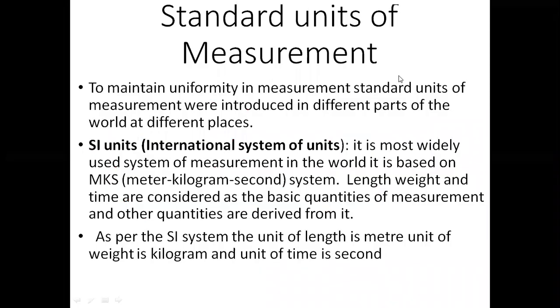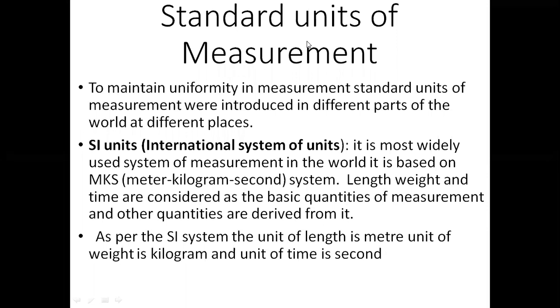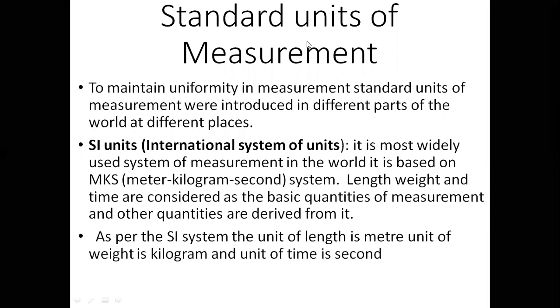Then standard units of measurement. The major reason they were required was to maintain uniformity in measurement. The standard units of measurement were introduced in different parts of the world at different places. Like SI units, the international system of units, is the most widely used system of measurement in the world.